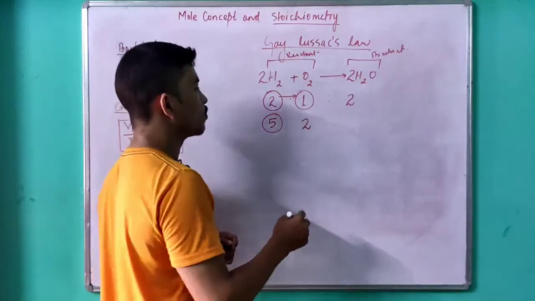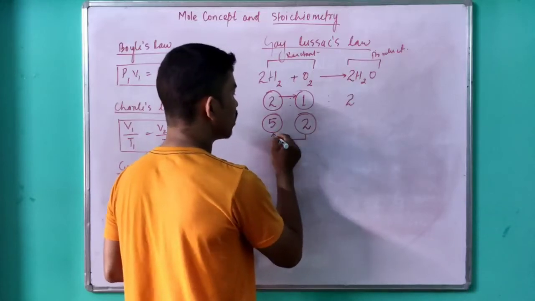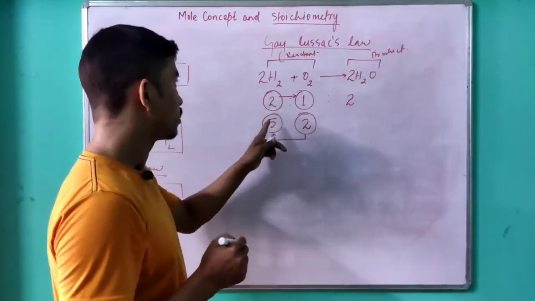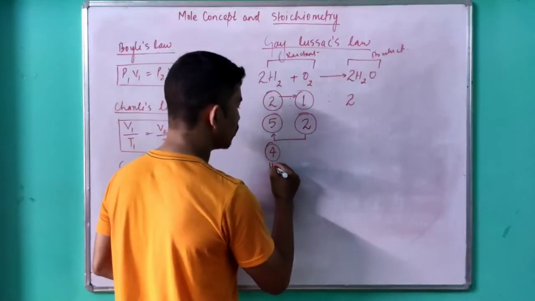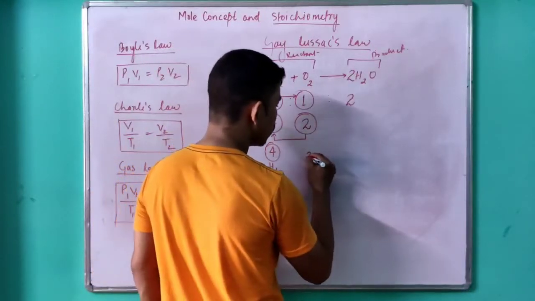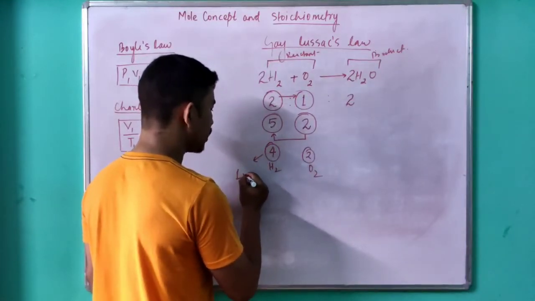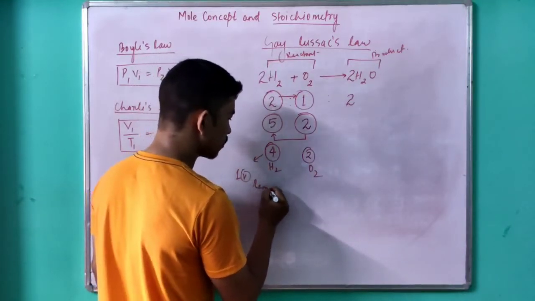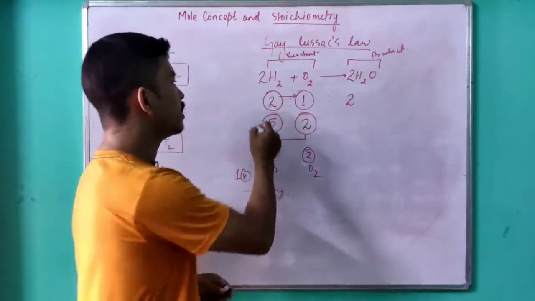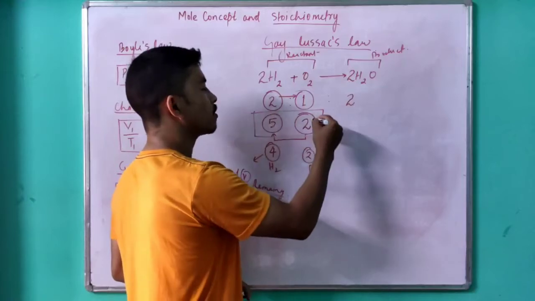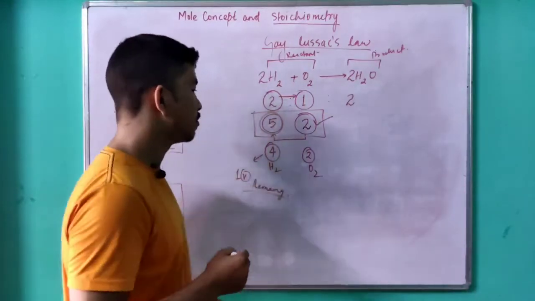So instead what will happen? The 2 volumes of oxygen will exactly react with double of it, that means 4 volumes of hydrogen will be used by the 2 volumes of oxygen. So 1 volume of hydrogen remains. We see in this equation that the oxygen is completely used up, whereas the hydrogen is remaining.